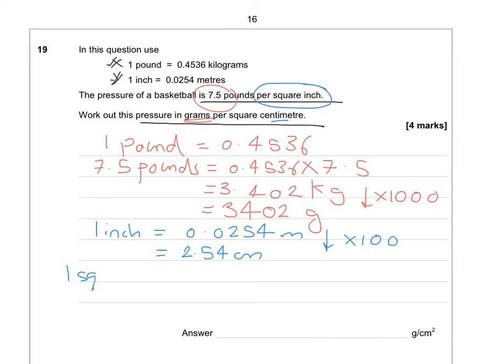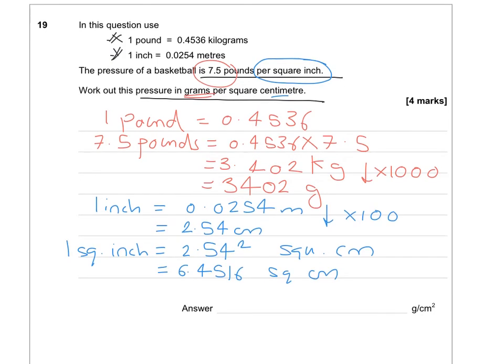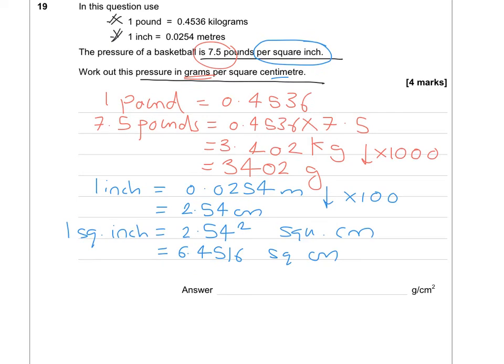So 1 square inch is equal to 2.54 squared square centimetres. If we work out what 2.54 squared is, that's 6.4516 square centimetres.